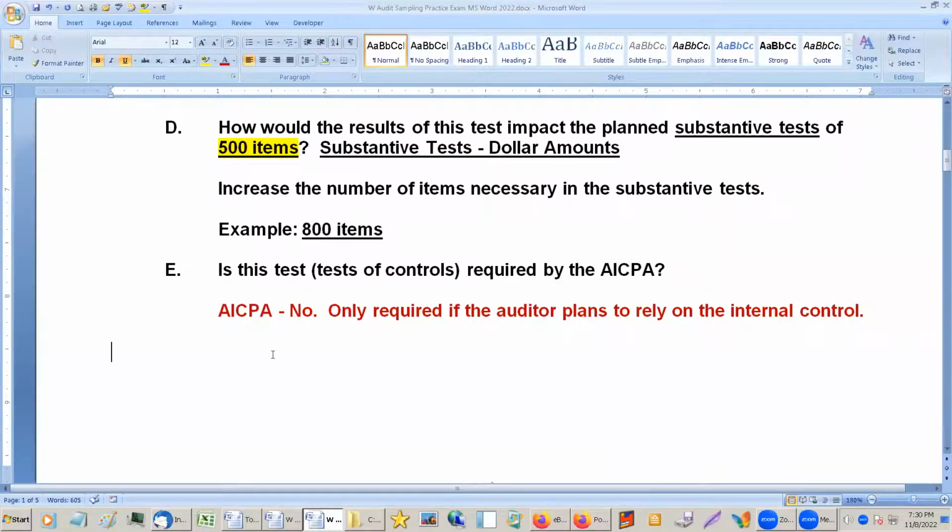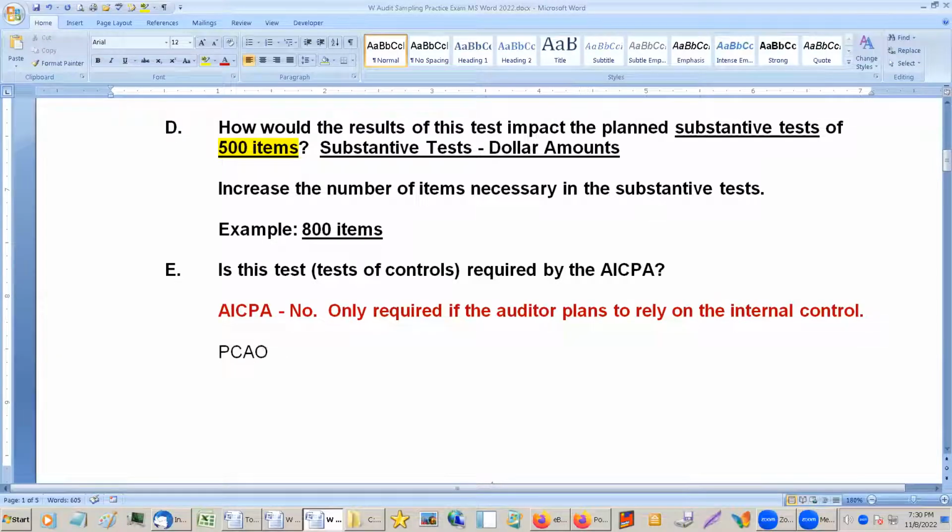All of them are probably material. Every customer is probably going to be material, so you're going to do pretty much 100% of every customer anyway. So there's no reason to do test of controls.